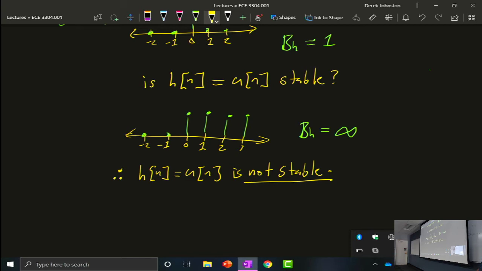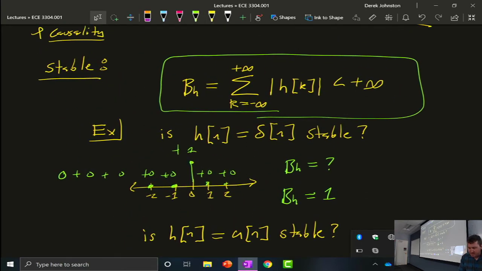Curtis asks, so how is it a bounded input? And it's because we're actually not interested in inputs, right? When we talked about the systems themselves, we said bounded input gets you bounded output. But remember, we're using a different definition. We're only talking about the stability of the impulse response.